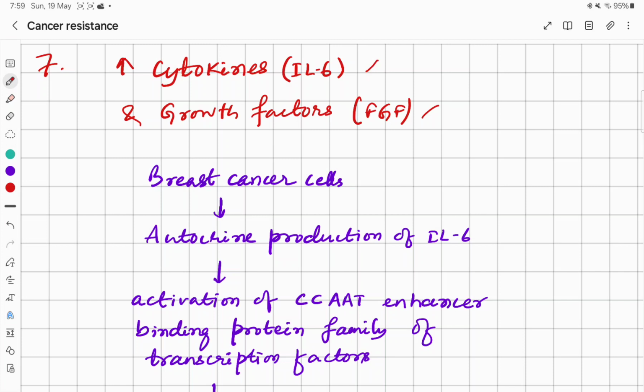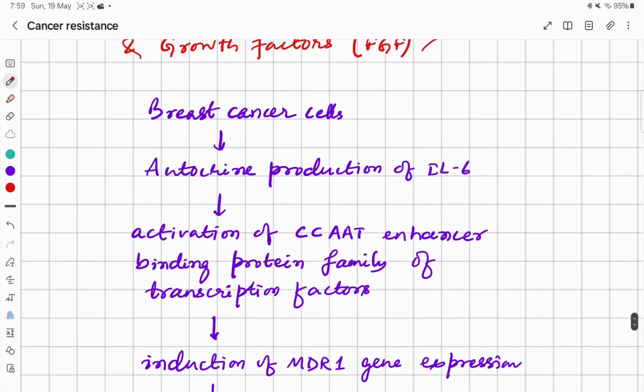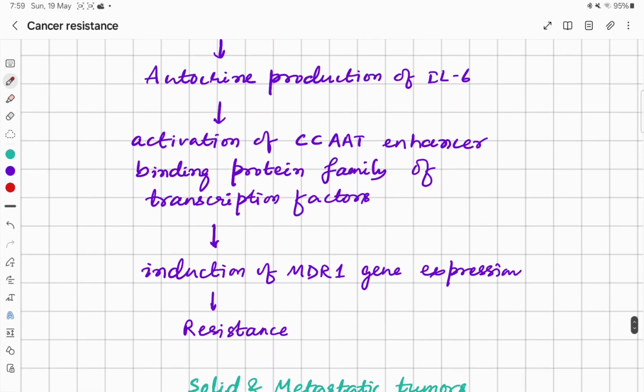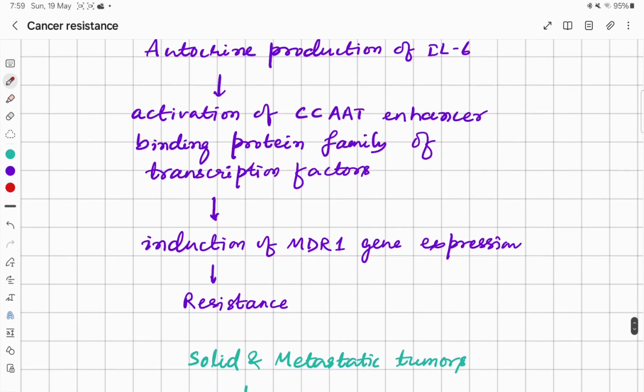So when they are expressed more, that can also lead to resistance. For example, in breast cancer cells, autocrine production of interleukin 6 activates the CCAAT enhancer binding protein family of transcription factors, which induce MDR1 gene expression and cause resistance.